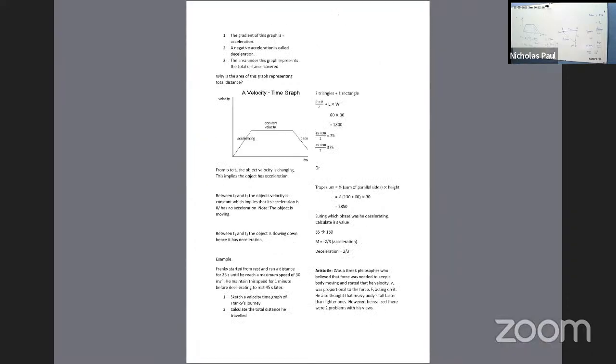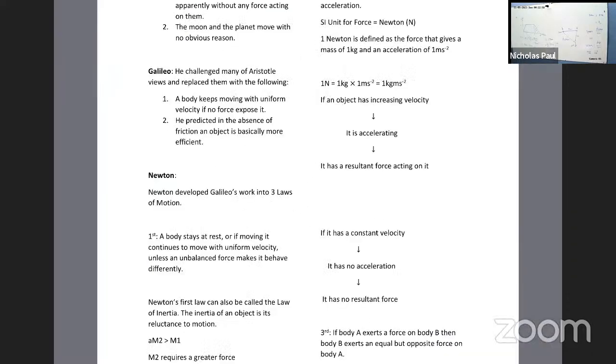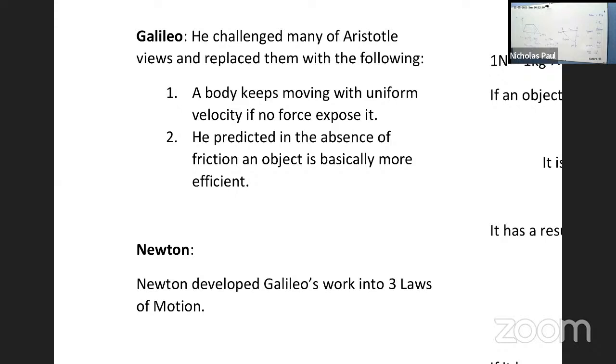All right. And then Galileo came along, and Galileo kind of laid the foundation for the laws that we know today called Newton's laws.